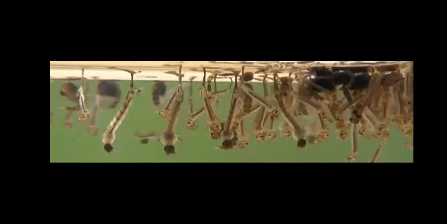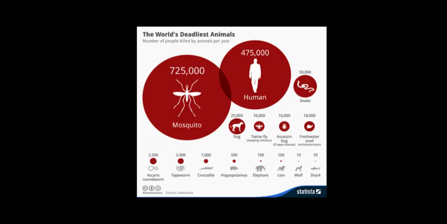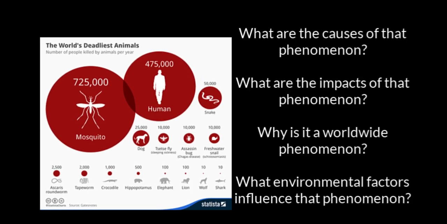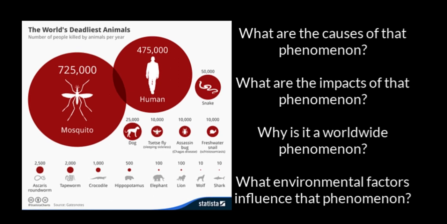As with anything, it generates questions, and we want students and citizen scientists to ask questions about that phenomenon. What are the causes of that? What are the impacts of that bite? Why is it a worldwide phenomenon, and what environmental factors influence it?